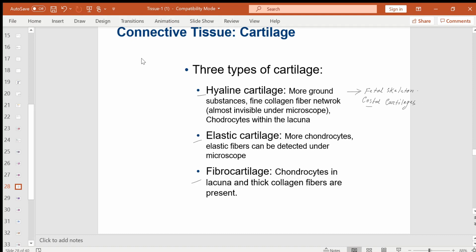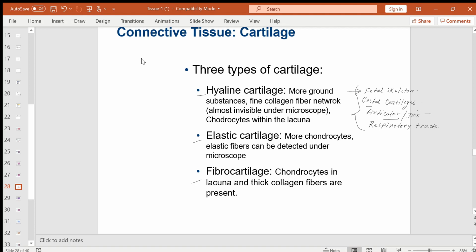Articular or joint cartilages. In the joints, synovial joints, you have articular. Articular means joint cartilages. Okay. Then also in the respiratory tract, in the trachea, larynx, bronchi. Okay, so these are the main structures where you will find the hyaline cartilage.